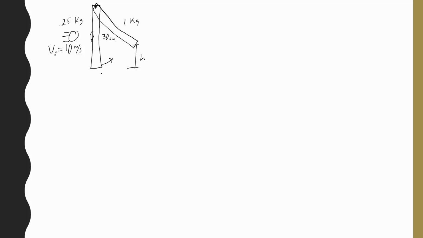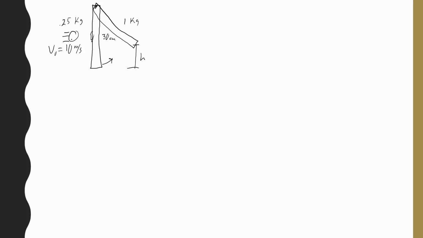So you might attempt to use conservation of energy to do this and find the kinetic energy here and just set it equal to gravitational energy and ignore the fact that this was rotating at all. The problem with that is the same problem we had before, where you dissipate some energy. You're creating thermal energy in the collision, and we don't know how much, so we can't do that.